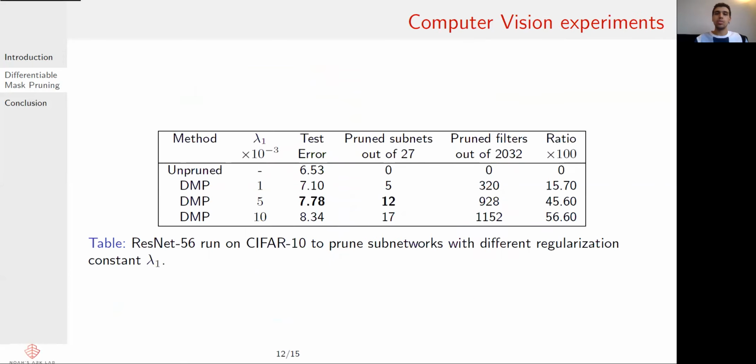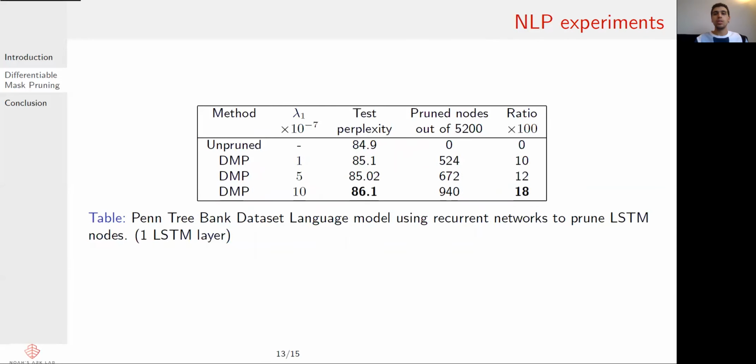In terms of results, we can see that the method works well on ResNet 56 and CIFAR-10. We are able to prune 12 out of 27 blocks, equivalent to a pruning ratio of 45.6%, with only a 1.2% increase in the test error. To show the versatility of our technique, we also apply it on a language modeling task on the PTB dataset using a single LSTM cell.